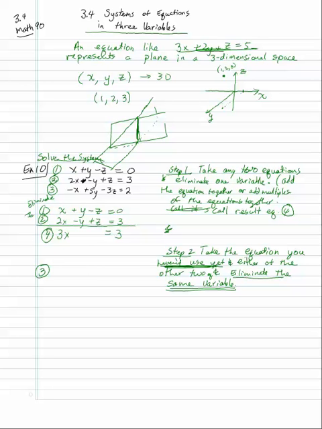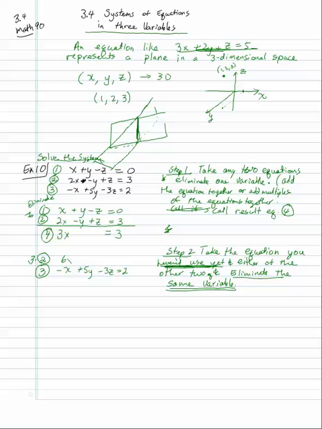Now actually in this one, equation 3 is negative x plus 5y minus 3z, and let's use equation 2 and get rid of z, and I'm going to times it by 3.